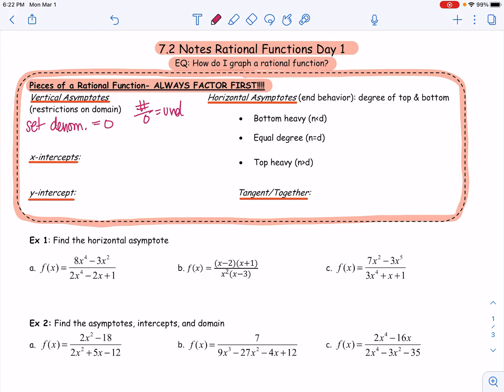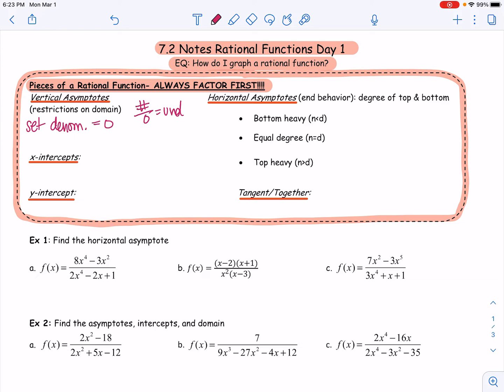So remember back in Unit 5 when we were dealing with polynomials, the degree of the polynomial when it's written in standard form is that highest exponent. If you've already factored it, remember you're adding up the multiplicity or the exponent of each factor to get the degree of the polynomial. So three things could happen when you're comparing the degrees of the top and the bottom polynomials.